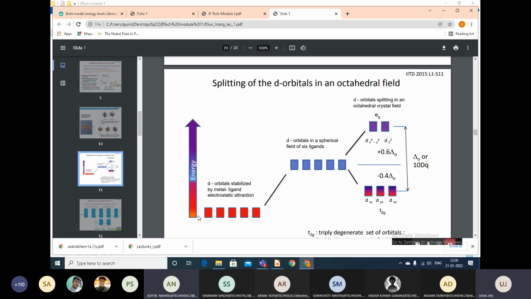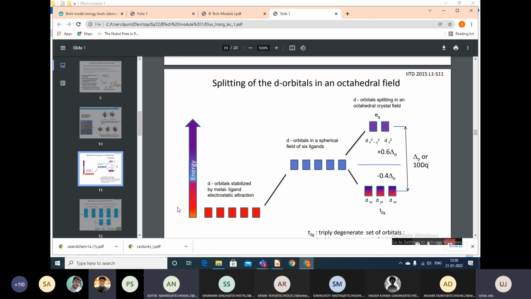So an electron can be present with equal ease in any one of them, because all are of the same energy. There is no difference, and a single electron can reside in any one of them when they are in an isolated state. Suppose it was an M plus ion, so that the metal would have 1 electron in the d orbital.